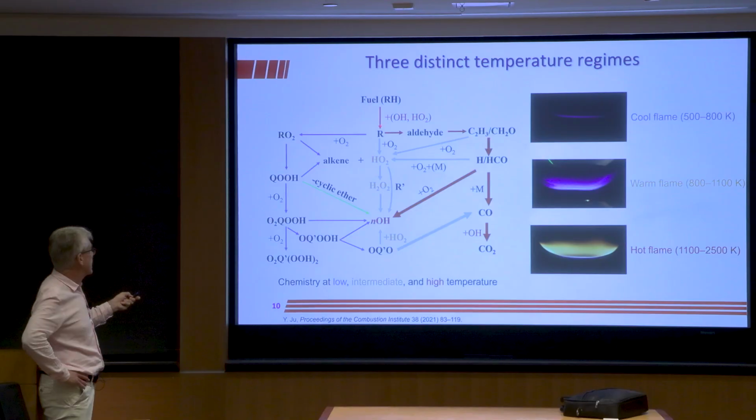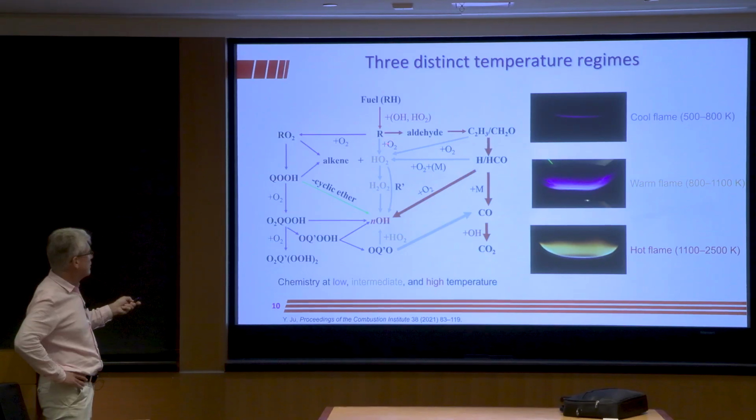Then the warm flame chemistry comes from the alkyl radical, which reacts with O2 to give HO2 plus olefin, and the fuel radical reacts with O2 to give RO2, which then decomposes to give olefin plus HO2.